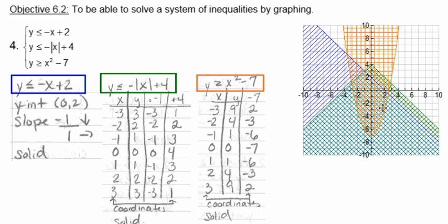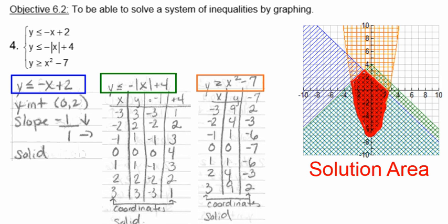Because all of the boundaries were included, they're solids, we can use points on the boundaries that are forming that region. So in red is representing your solution area. Any point within that region or on your boundaries would work as a solution to your system of inequalities.